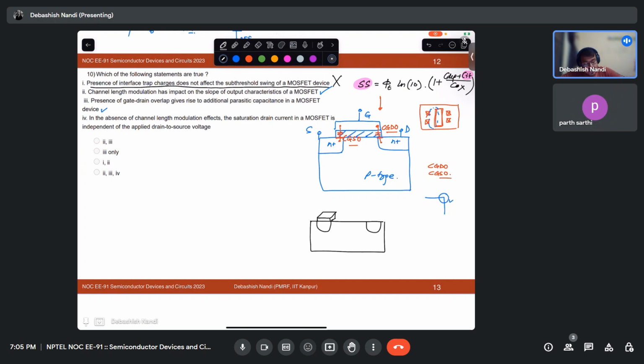You will be making rectangular openings for source and drain. But will that always be rectangular? This will spread laterally, right? So this lateral spread will cause your gate and source to get overlapped.